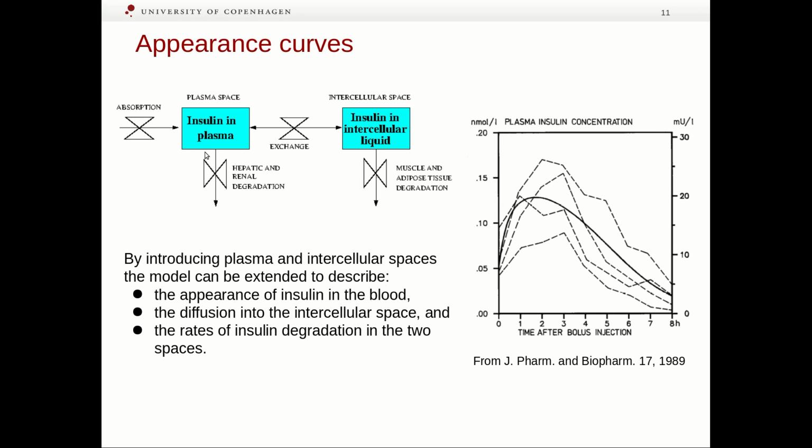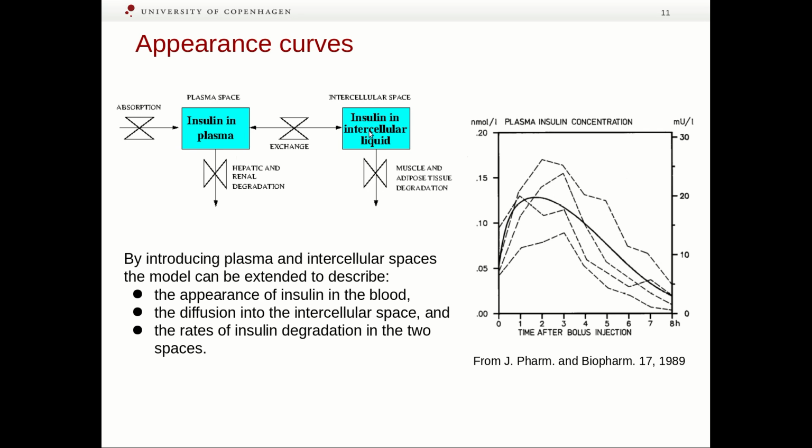The way to measure the hepatic insulin degradation is to measure the incoming blood flow to the liver, the outgoing blood flow from the liver, and the concentrations of insulin in both flows, together with the total amount of blood flow. Then you can calculate that the insulin in the plasma typically has a lifetime of 5, 6, 7, 8 minutes or something like that.